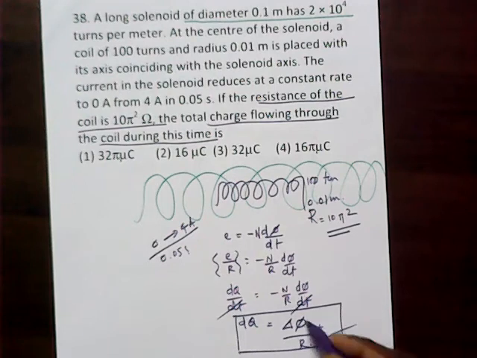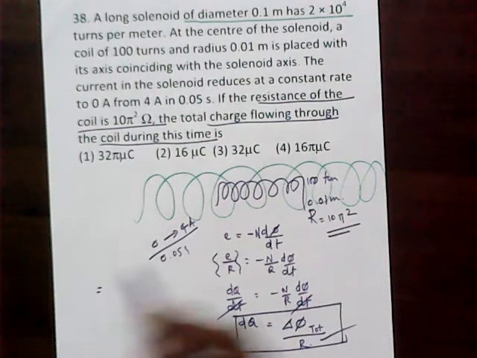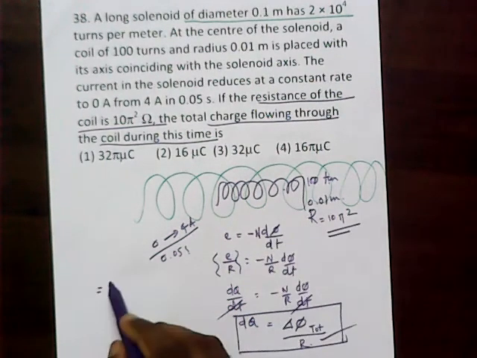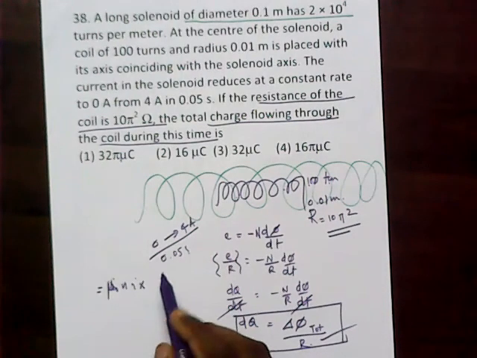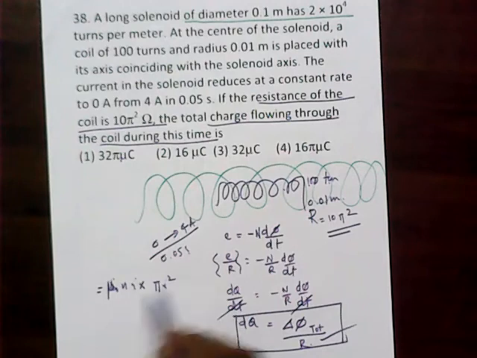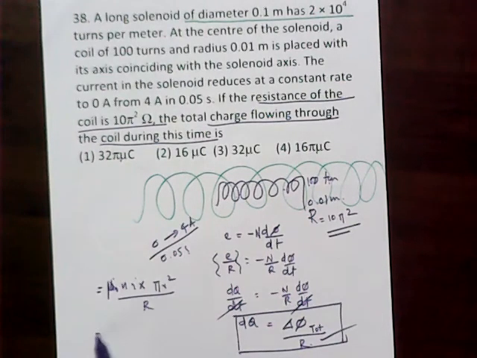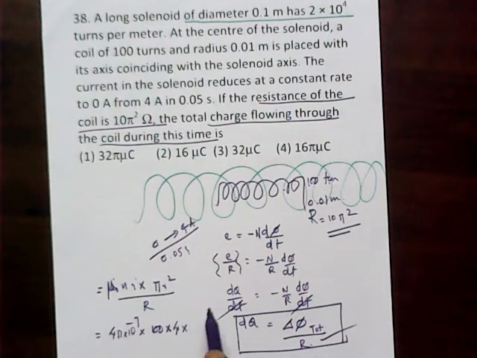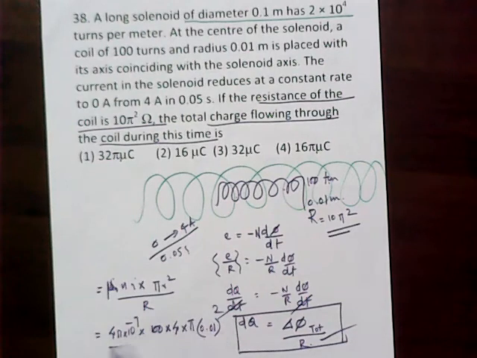So you can substitute the total flux linked with this. That is equal to N mu 0 N i into pi r square, divided by R. So that is equal to 4 pi into 10 raised to minus 7 into number of turns into the current as 4 into pi into the radius 0.01 square, divided by the resistance as 10 pi square.